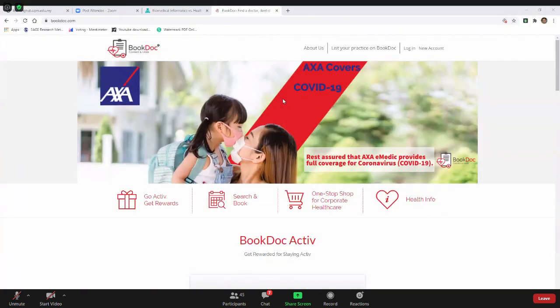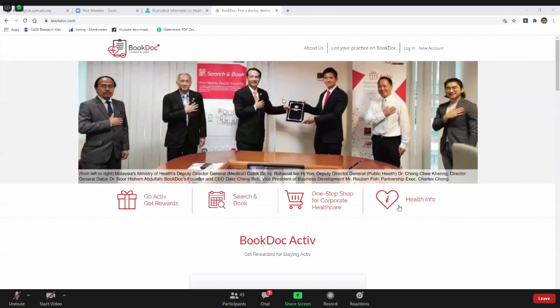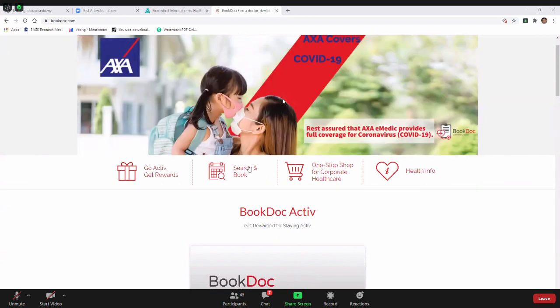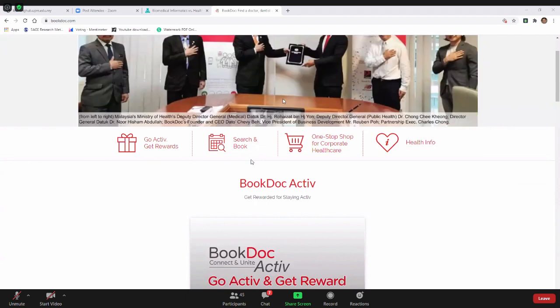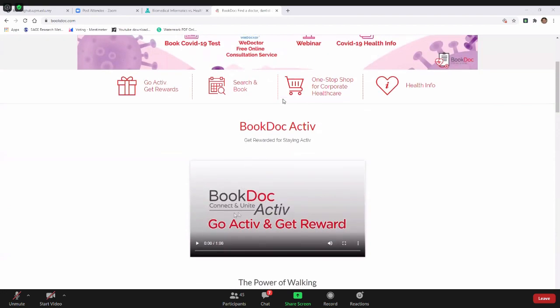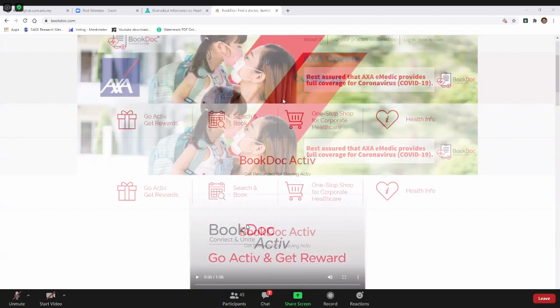Okay, now look at this site where there's a BookDoc. This related app is a one-stop center for corporate healthcare. You can also get health information and also search and book a doctor. Not book, not the buku, is book tempat. Okay, you can book a doctor using this app.